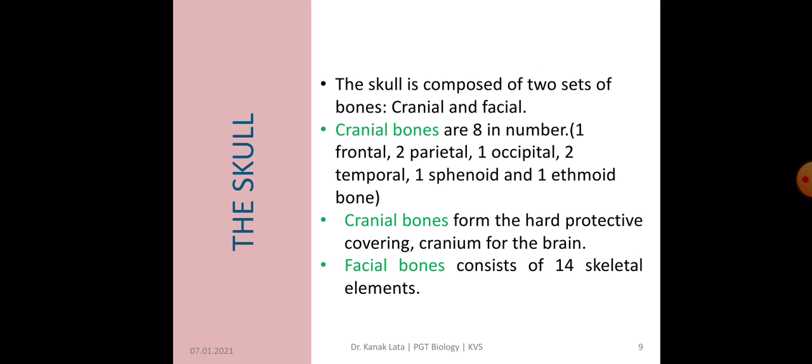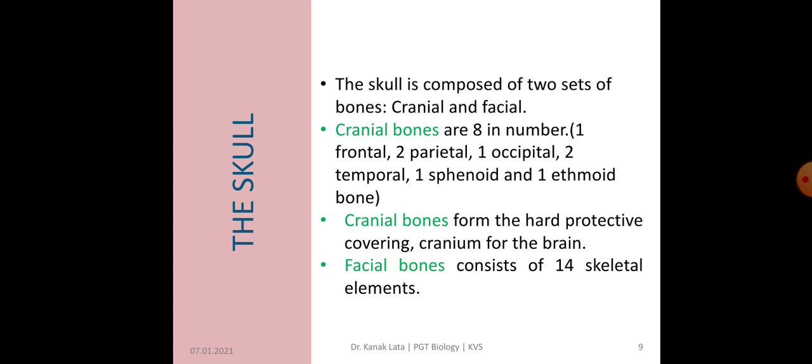Cranium bones are 8 in number. Out of 8 bones, 1 is occipital, 2 are temporal, 1 is sphenoid, 1 is ethmoid bone. Cranial bones form the hard protective covering, the cranium, for the brain.